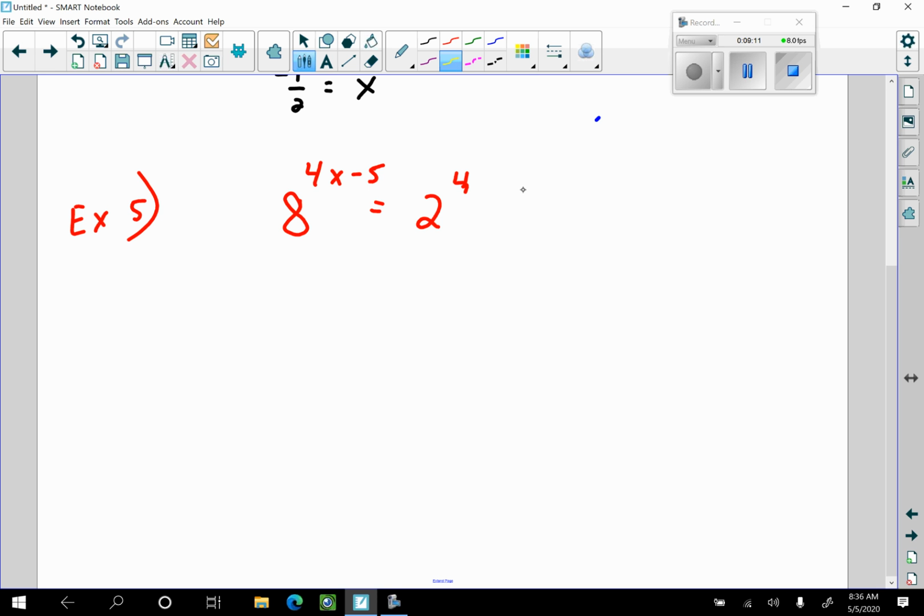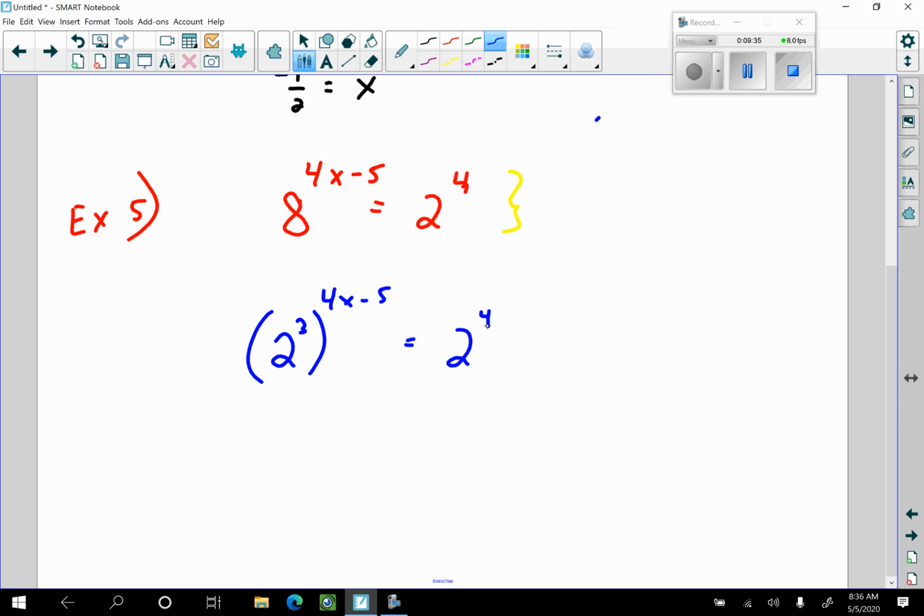We're not going to simplify this guy right here. Do not simplify that. You would be a silly head if you did. What you're going to do is get like bases. And what are the like bases? 2. 8 is 2 cubed, so I have 2 cubed to the 4x minus 5 is equal to 2 to the 4.